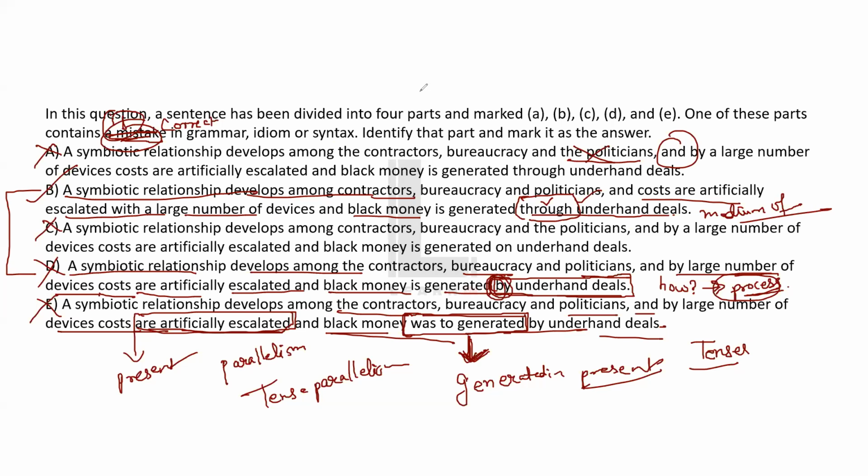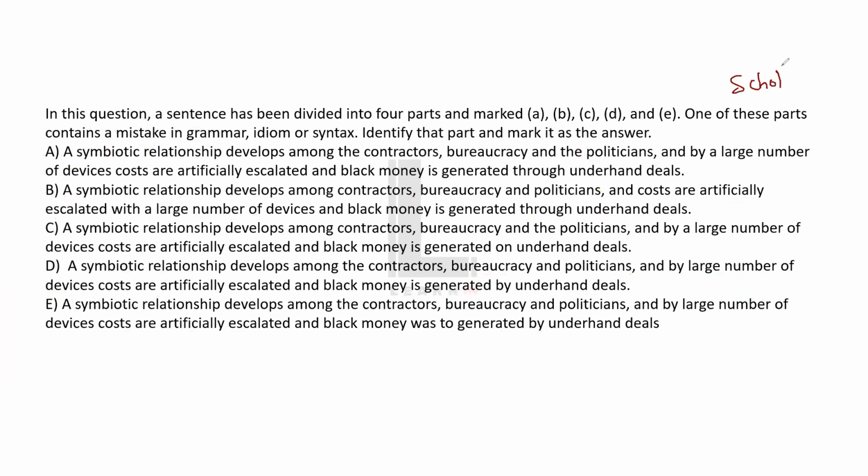Devices cost means the cost of all the devices. There might be other costs also. For example, in schools we had tuition fees, and other fees, management fees, right? So these can be the costs, different costs.